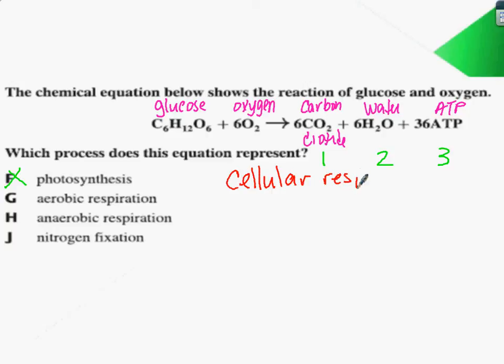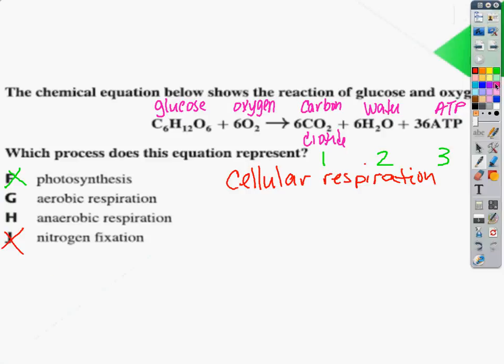But by figuring out that it's cellular respiration, that should get rid of nitrogen fixation. That deals with the nitrogen cycle and how plants gather nitrogen from the atmosphere and convert it to something they can use. So we're down to aerobic and anaerobic respiration.